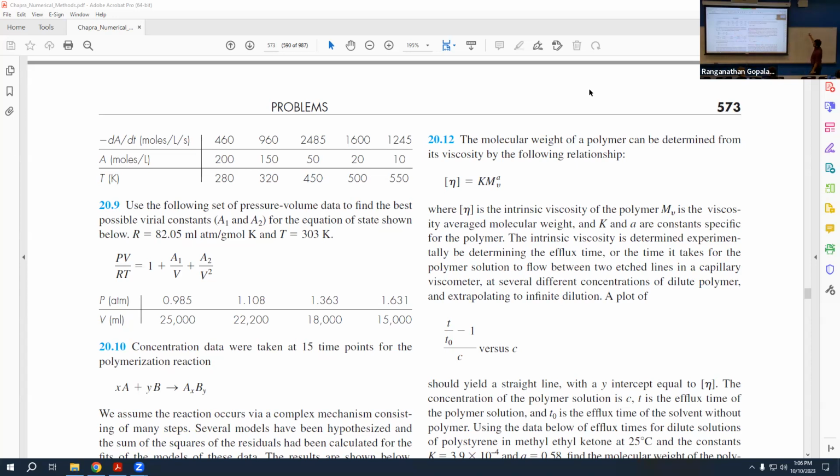R is known, T is known, equal to 1 plus A1 over V plus A2 over V squared. This fit function is given to you, and the data is presented in terms of pressure in atmosphere and volume in milliliters.